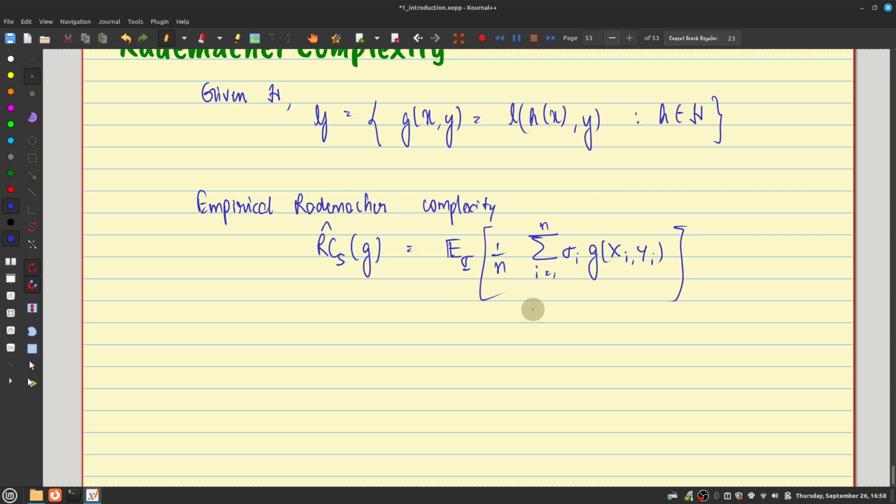It's a weird looking function where these sigma i's are going to be IID Rademacher random variables. In other words, each sigma i can take either +1 or -1, and they take these values with equal probability. Sigma i is equal to 1 or -1, and this happens with probability half.